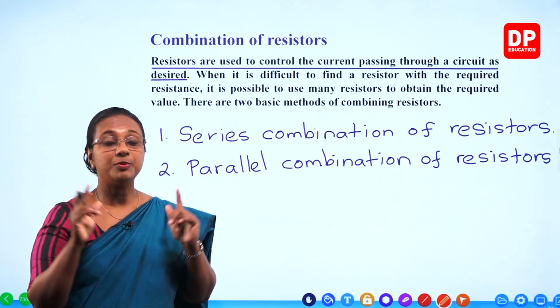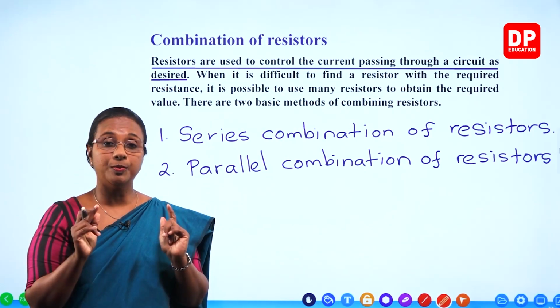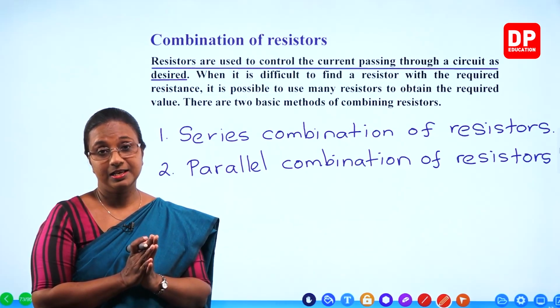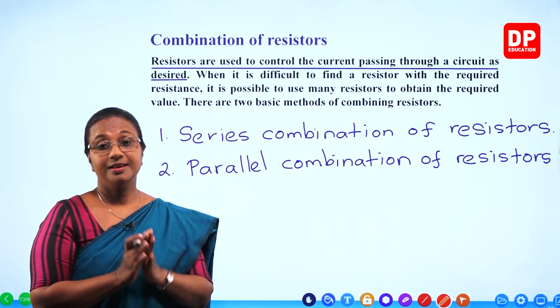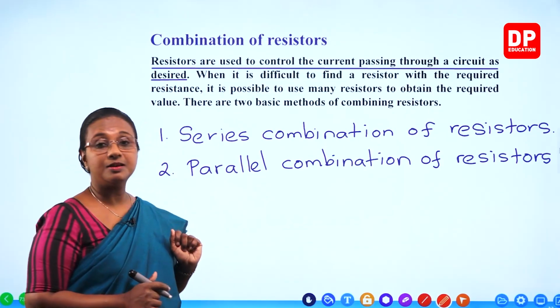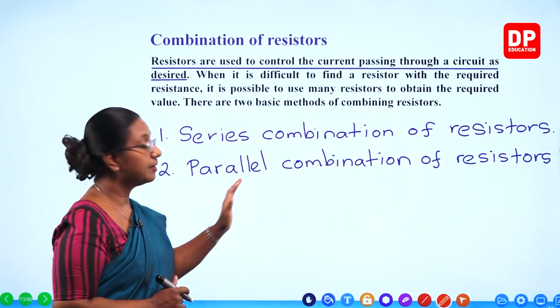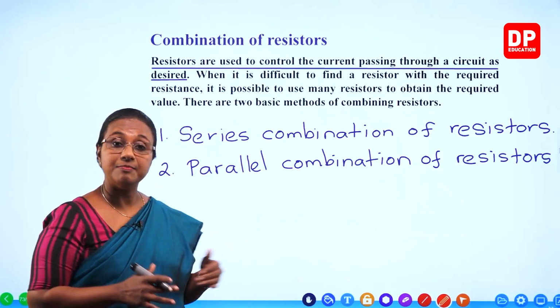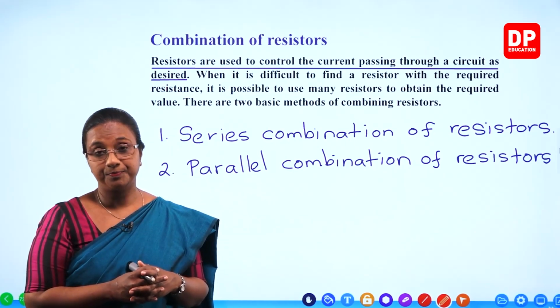If you want the potential difference between two points, the voltmeter should be connected in parallel. Similar to that, we can connect resistors in a series combination or in a parallel combination, or else both can be combined together as well.